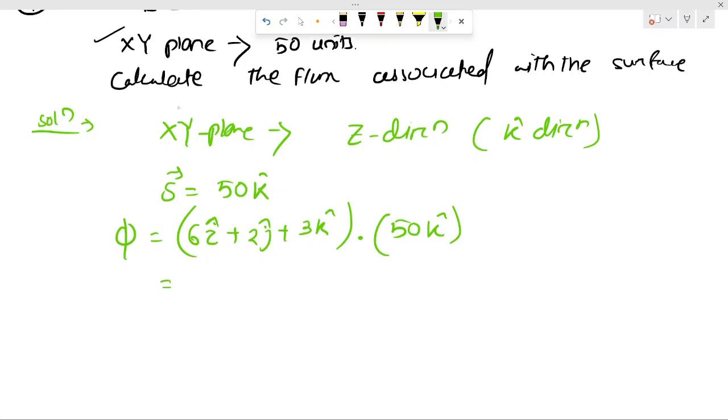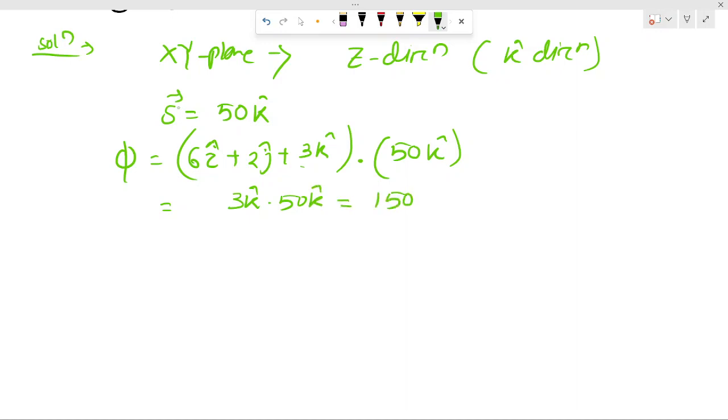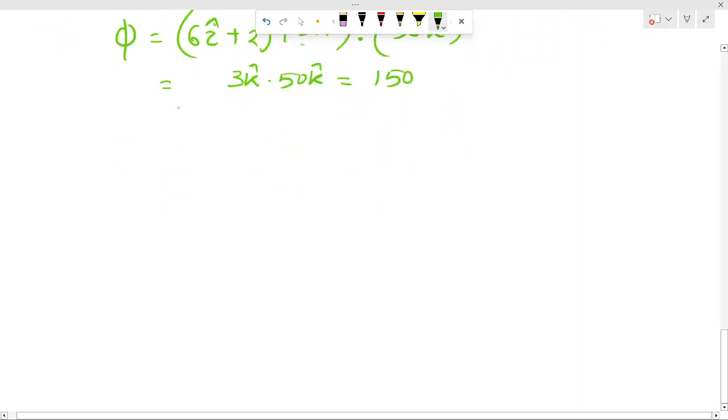By dot product, k cap dot k cap is valid, and the i cap and j cap terms will be equal to 0. So it becomes 3 k cap dot 50 k cap, which is equal to 150. Since k cap dot k cap is 1, it is 50 into 3, which is 150. So this one is your flux.